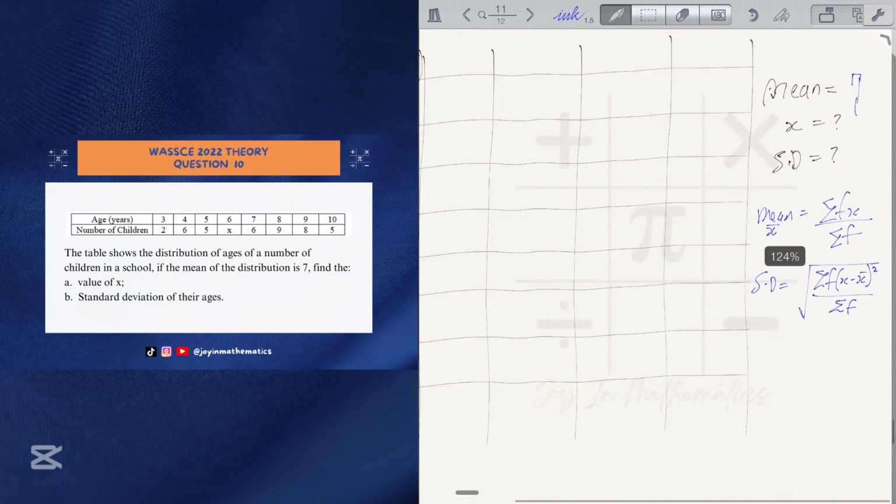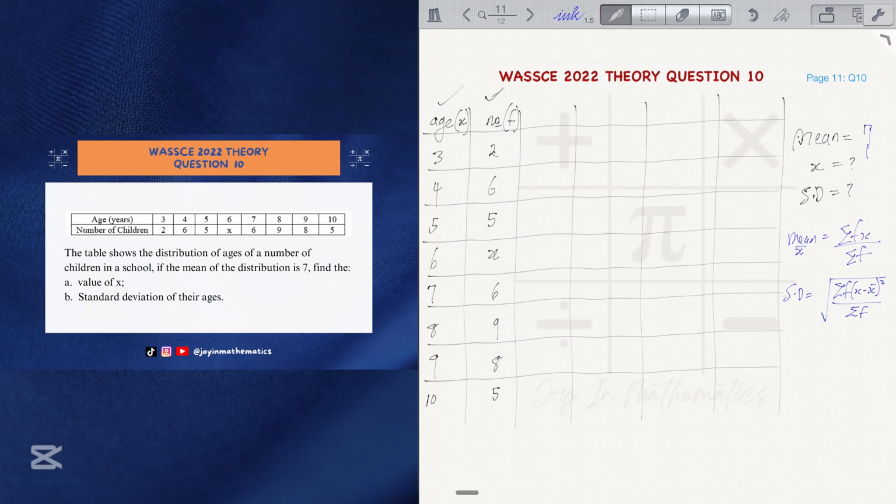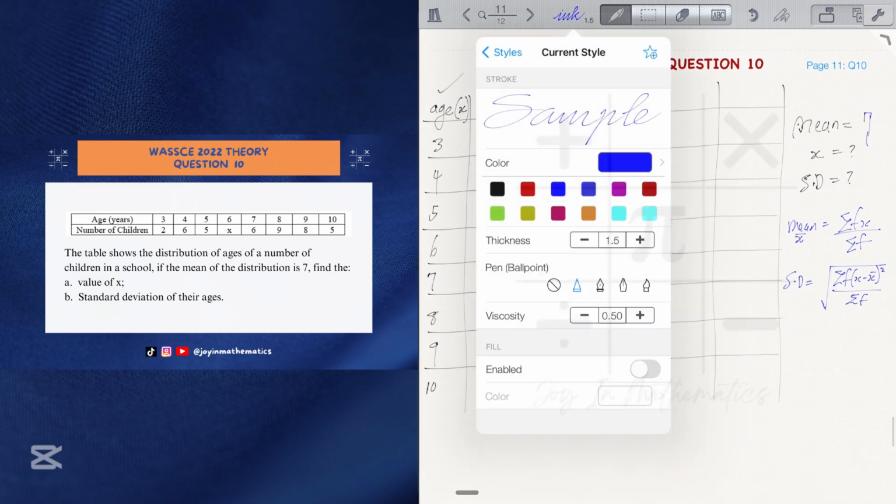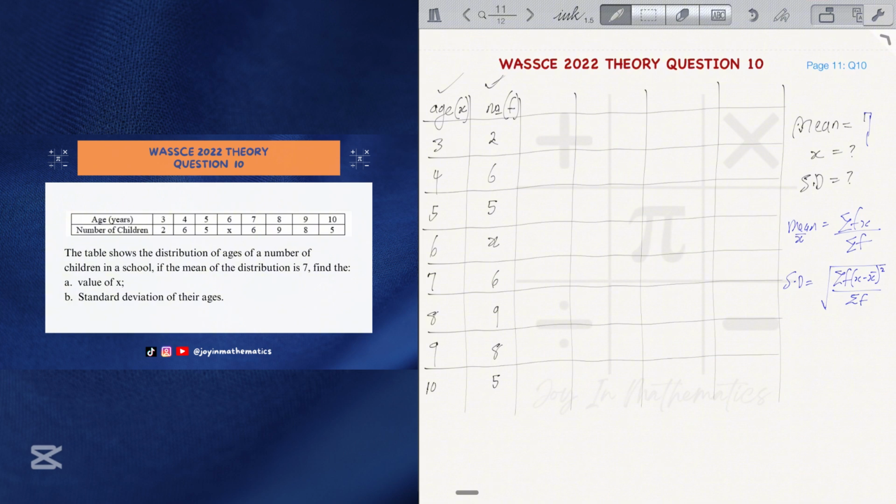So we are going to apply this formula and we are going to simplify this table. To get the mean now, we have to know the sum of f of x and the sum of f. So we can easily evaluate the sum of f now, which is 2 plus 6 plus 5 plus x plus 6 plus 9 plus 8 plus 5.